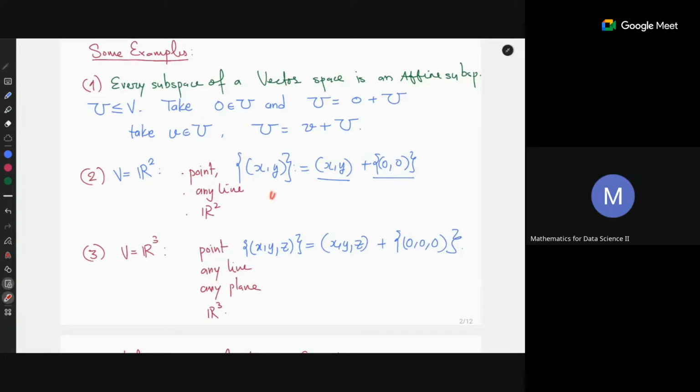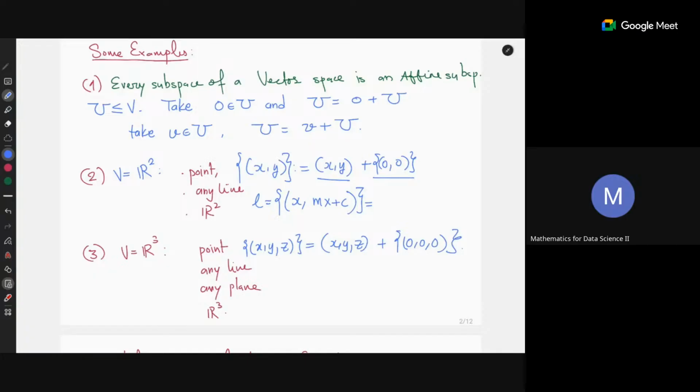So for example, if you take y is equal to mx plus c type line, that means the equation of line in coordinate form will be x comma mx plus c type. Now how can you think of this?